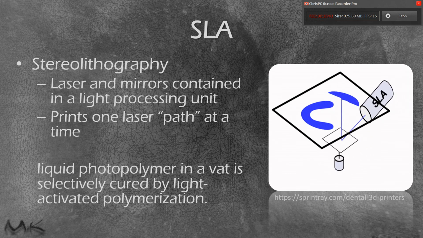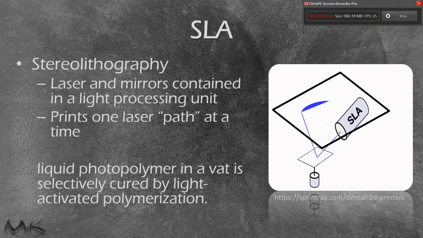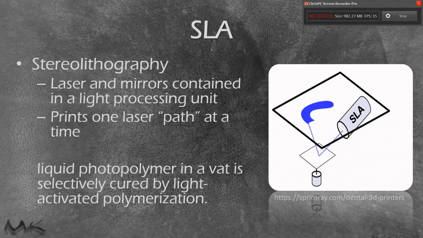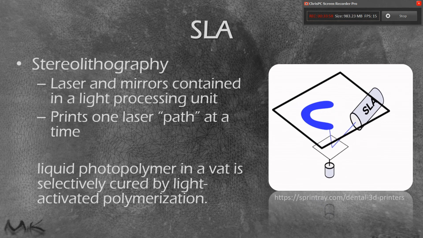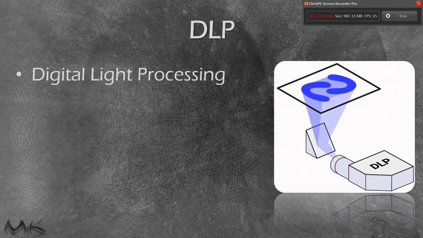These are very accurate, and their resolution really depends on the thickness of the laser beam. If that laser beam is 40 microns, and we can angle our model, based on the way the laser reflects off the mirror, we can get down to about 25 microns of accuracy. They can be very accurate, but when they get that accurate, they tend to really slow down.